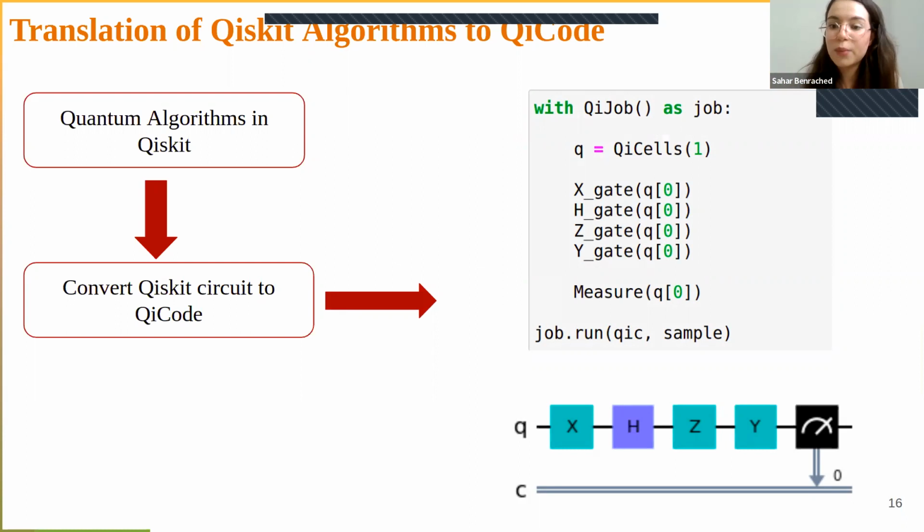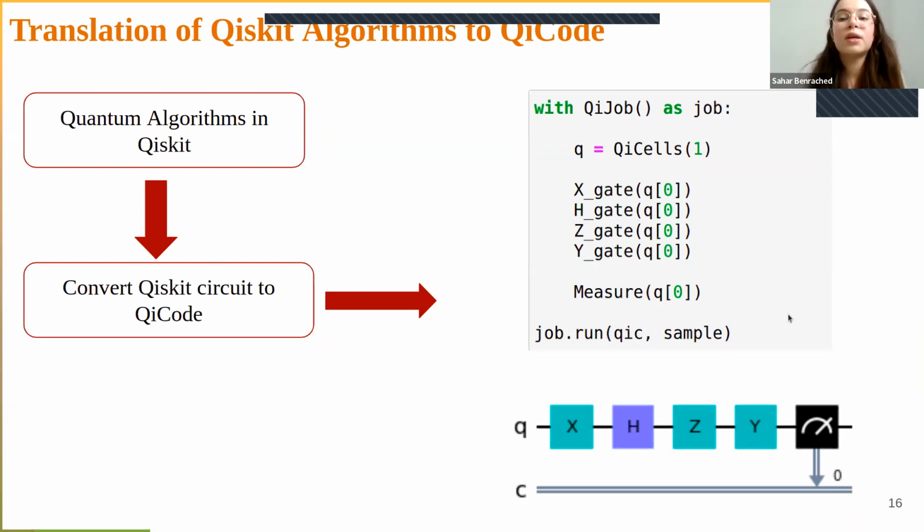And this QI job would create a circuit having the same number of qubits, apply the exact same sequence of instructions, including the measurement, and then again, at the level of the backend class, we would run our job on a specified QiController processor or backend, taking into consideration all the qubit properties that are stored in the sample object.